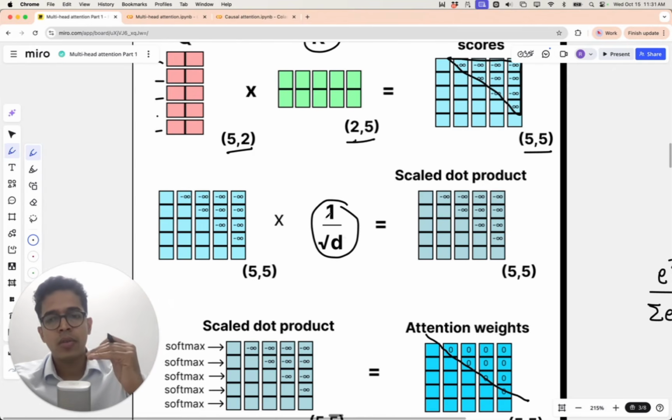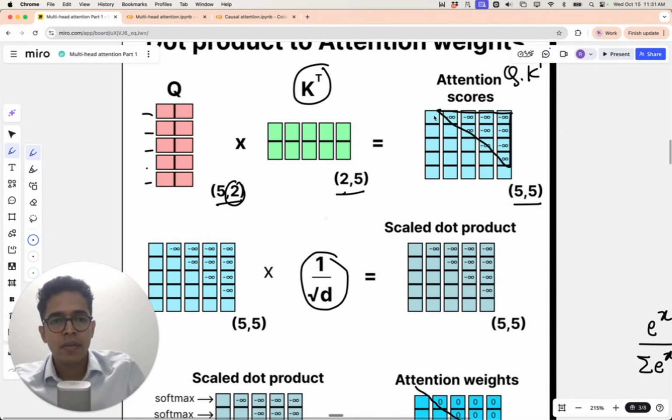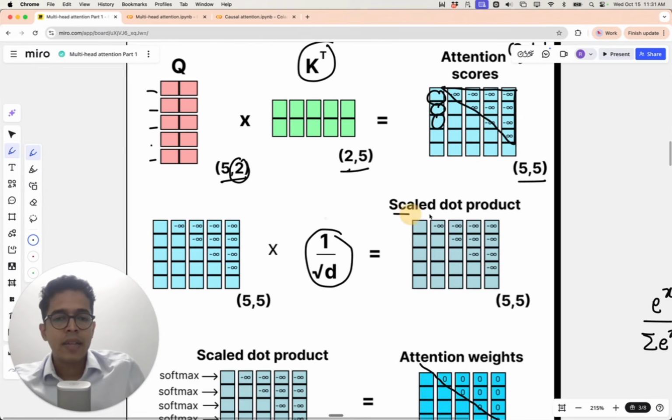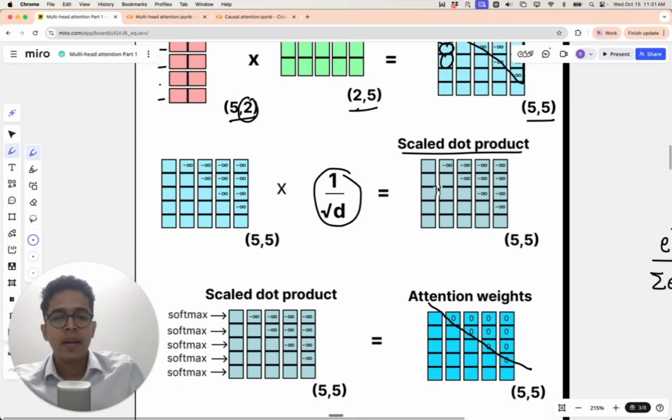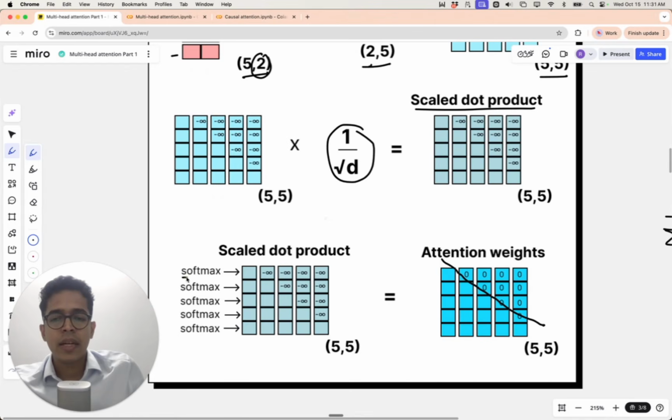So if you divide by square root of d, where d is the dimensionality, in this case 2, the dimensionality of the query key value space, you can keep the variance close to 1. This resulting thing is called the scaled dot product, because we are scaling by 1 by square root of d. And the scaled dot product, we were normalizing using softmax.